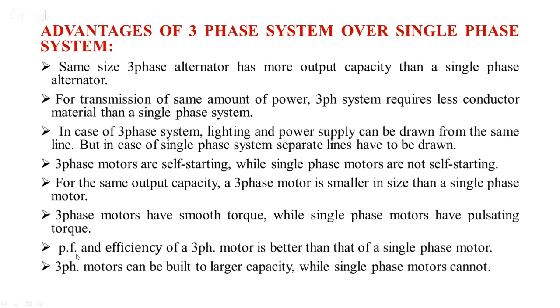Power factor and efficiency of three-phase motor is better than that of single-phase motor. And three-phase motors can be built to larger capacity, while the single-phase motors cannot be built to very large capacities.